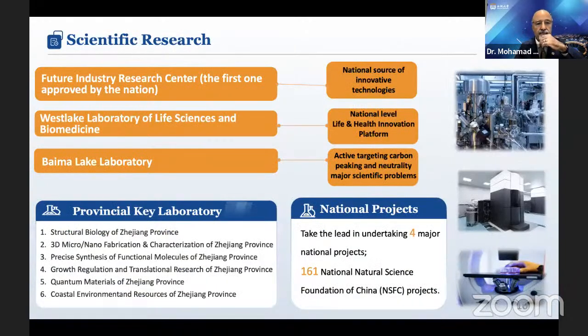Then in terms of research, we talk about the Future Industry Research Center, the first one approved by the nation, the National Source of Innovation Technology. There is the Westlake Lab of Life Science and Biomedicine, and many different labs, but I just mentioned a couple which are very original at the national level for healthcare and life science research.